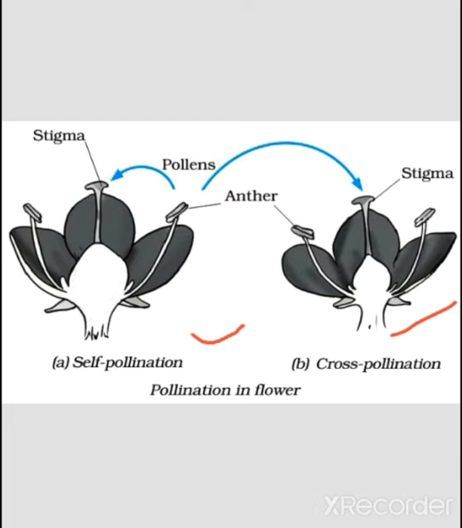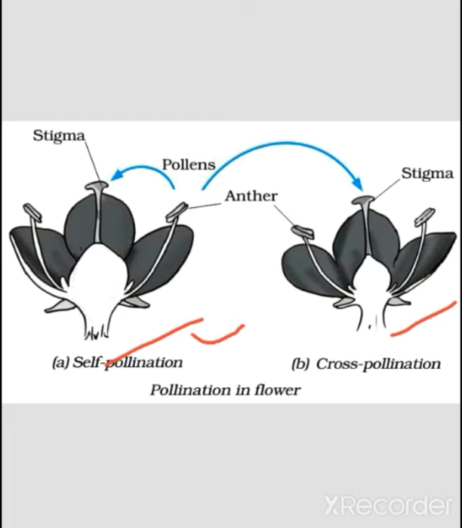First of all, I am going to discuss the first type of pollination, that is self pollination. What is self pollination? Self pollination is the transfer of pollen grains from the anther of a flower to the stigma of the same or a genetically similar flower, or the same or a different flower of the same plant.